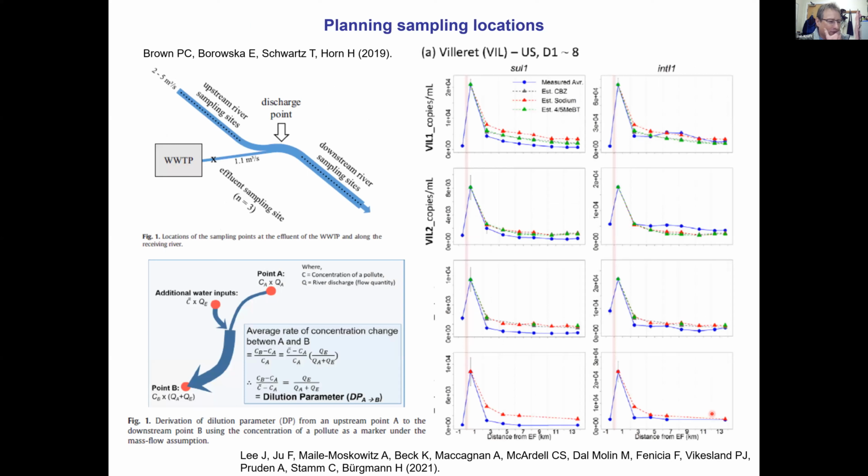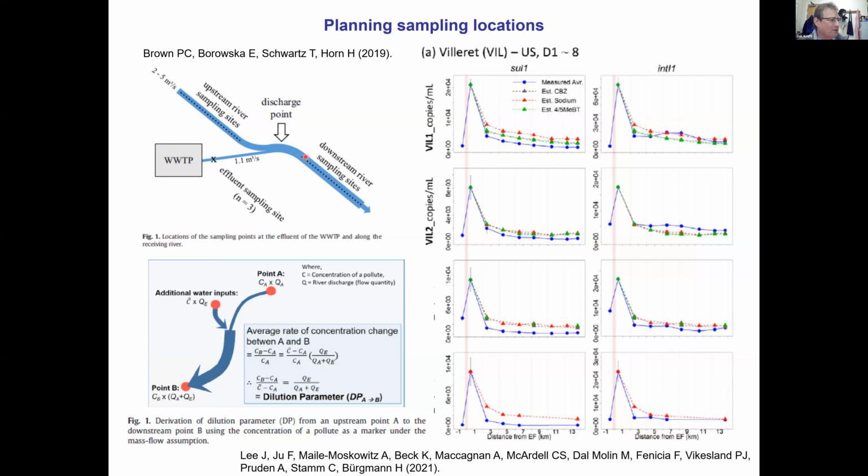Two more examples of planning sampling sites that I liked, because they were quite clear and clearly explained. One example here, showing one wastewater treatment plant and upstream and downstream sampling sites dotted along here, quite closely spaced.